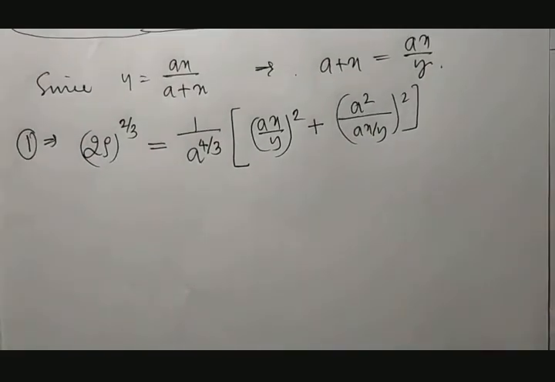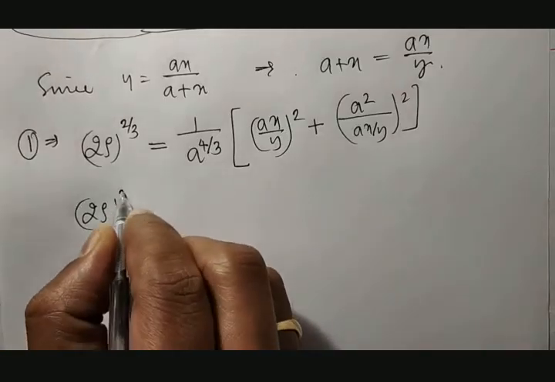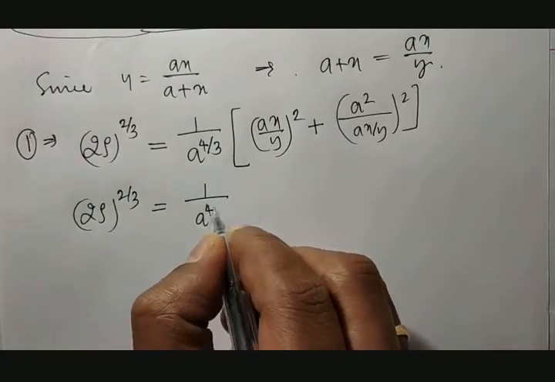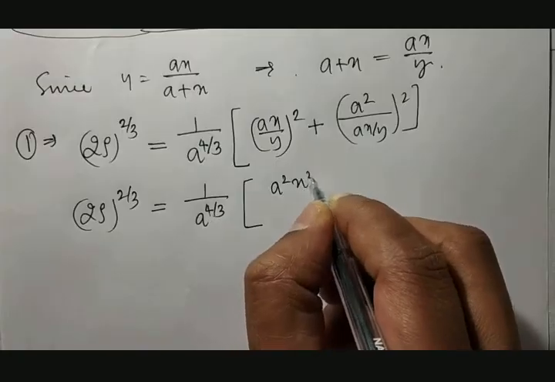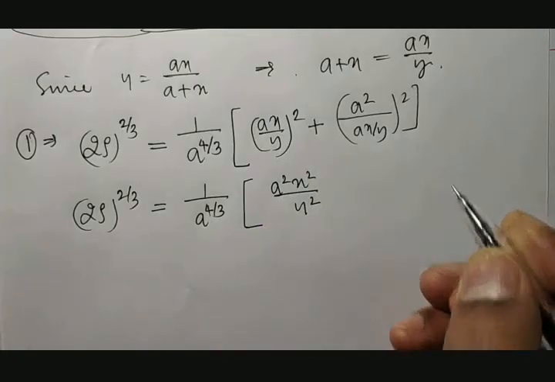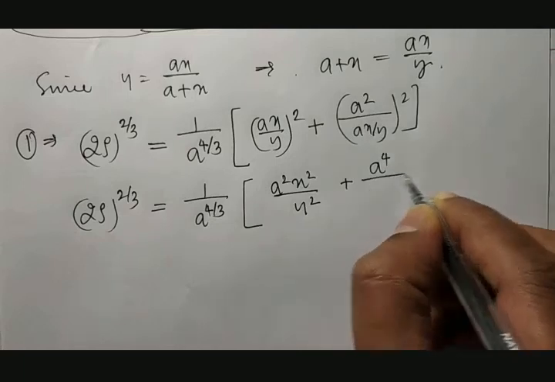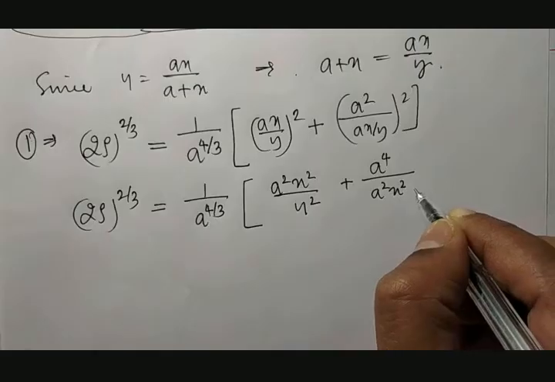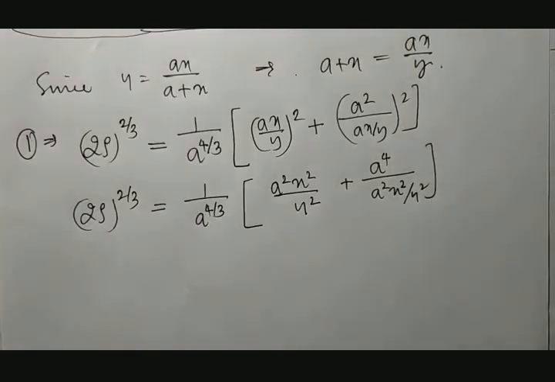Fine. So which is equal to 2 rho raised to 2 divided by 3 is equal to 1 divided by a raised to 4 by 3 into a square x square divided by y square plus a raised to 4 divided by a square x square divided by y square.